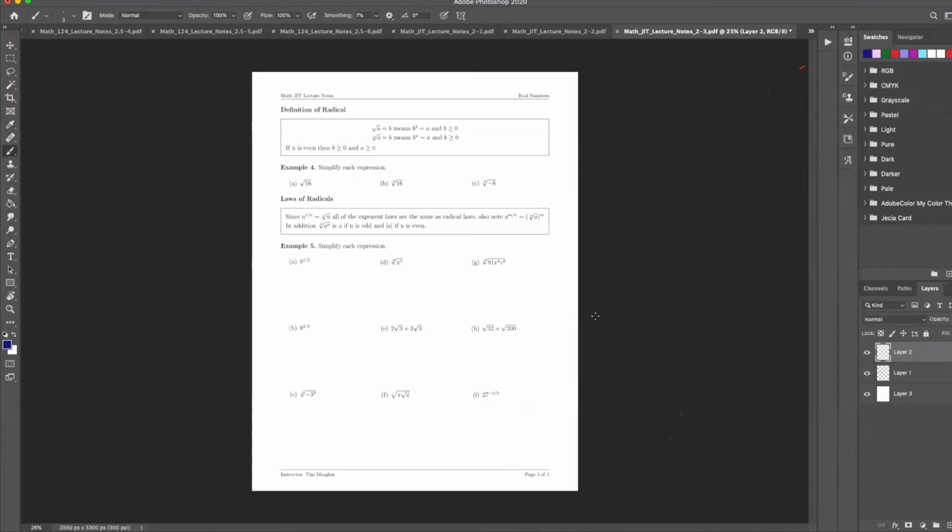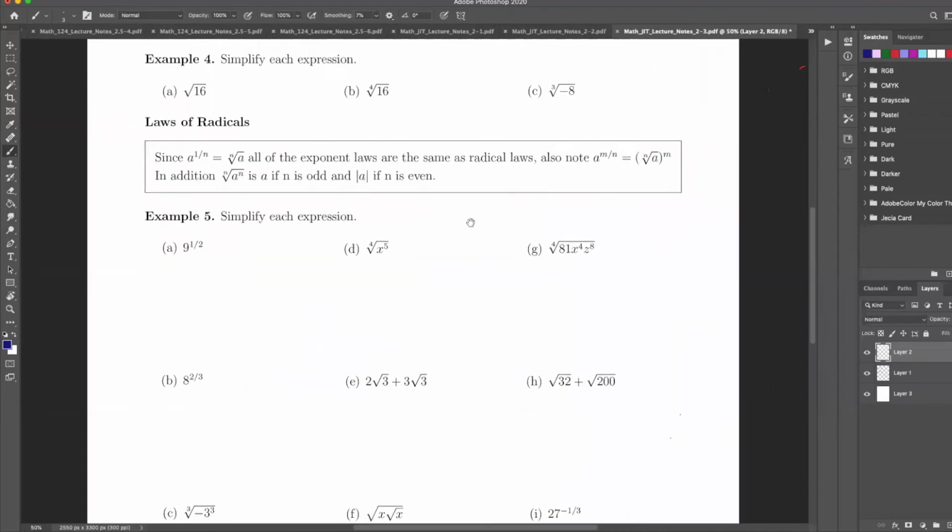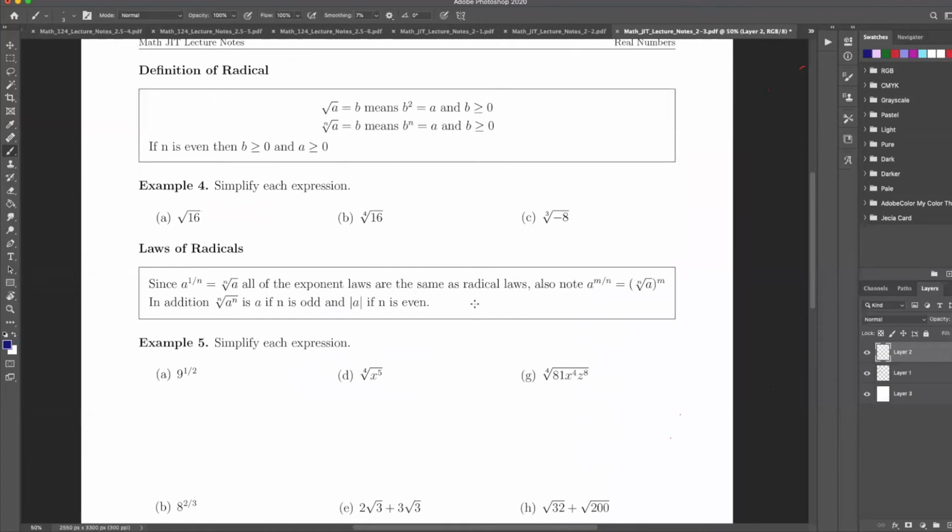All right, let's talk about radicals. All right, so the square root of a equal to b means that b squared equals a, where b is greater than 0. Okay, so that's what it means. And then here we can also have this for higher powers.